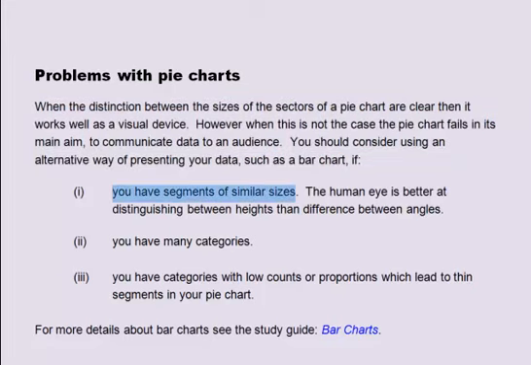You have segments of similar sizes. The human eye is better at distinguishing between heights than difference between angles. 2. You have many categories. 3. You have categories with low counts or proportions which lead to thin segments in your pie chart. For more details about bar charts, see the study guide, Bar Charts.